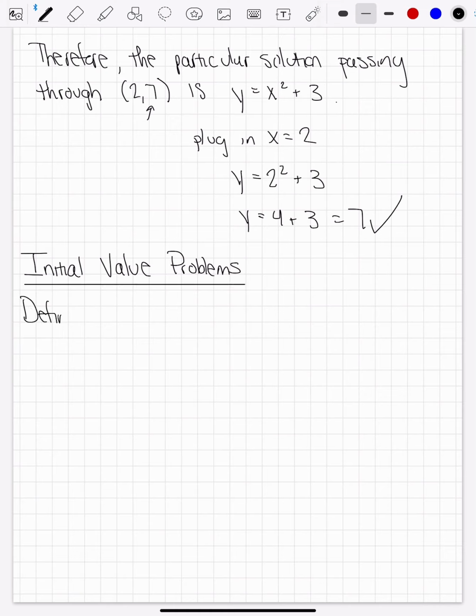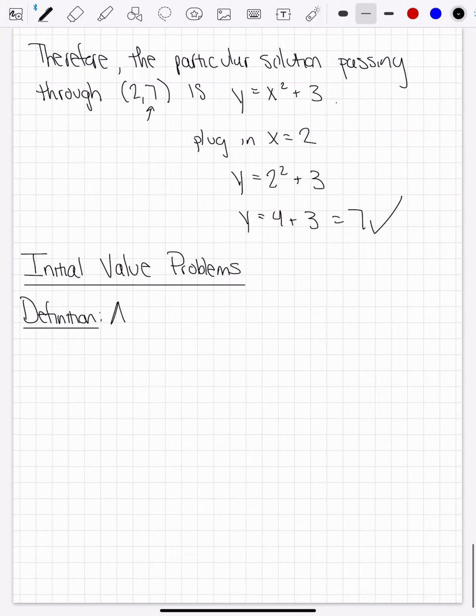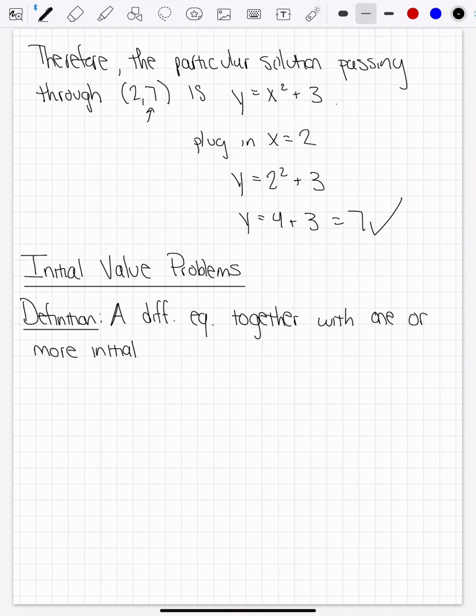So the definition of an initial value problem is that a differential equation together with one or more initial values is called an initial value problem.